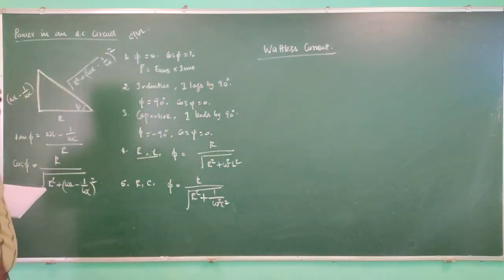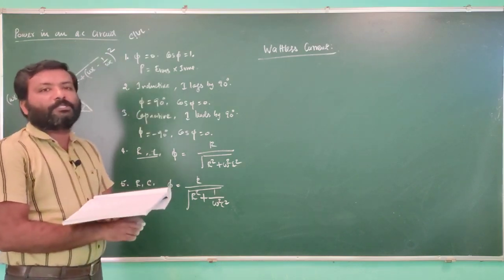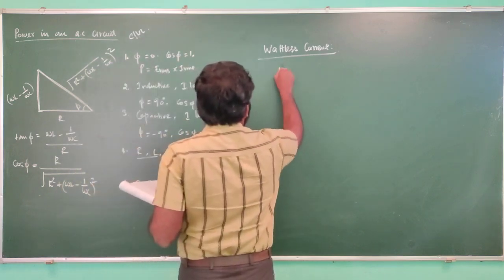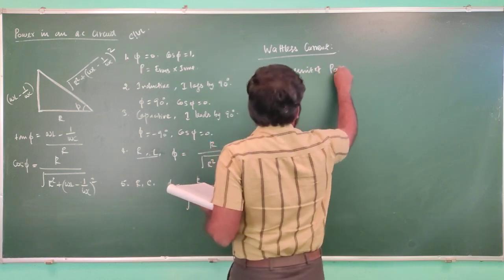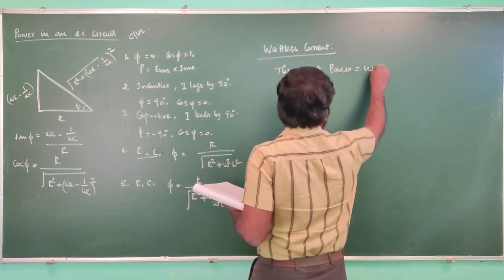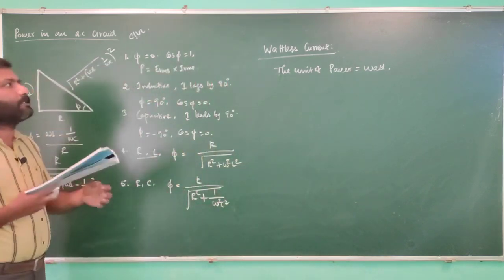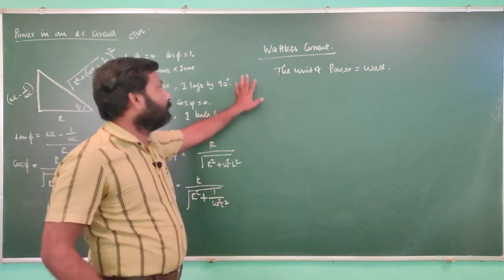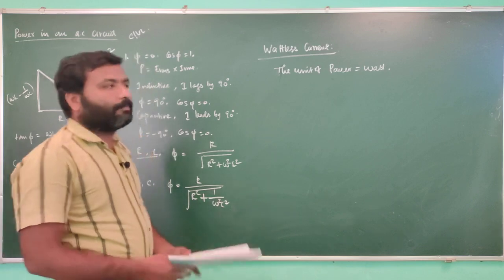When true power is equal to 0, the unit of power is watt. So wattless current means the power is equal to 0.